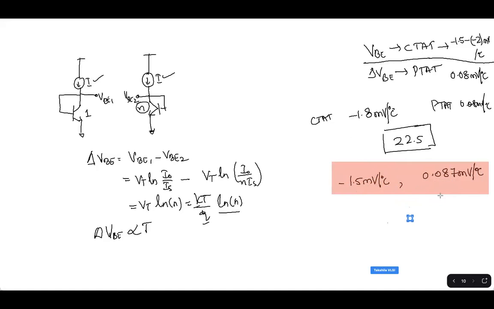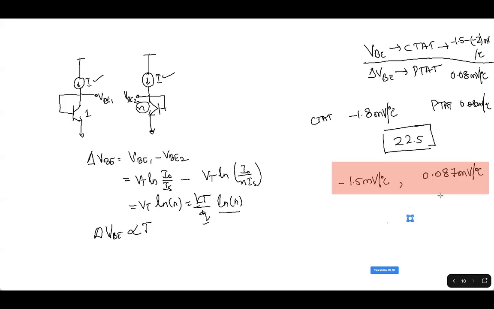I'll give you the entire procedure of how to design a bandgap reference, and we will see what slope we get from Cadence simulations as well. What is that CTAT slope? What is that PTAT slope? Are we matching the theoretical numbers, or are we off by a significant amount? If off, what should we be doing to make sure that we get a constant voltage at the output?